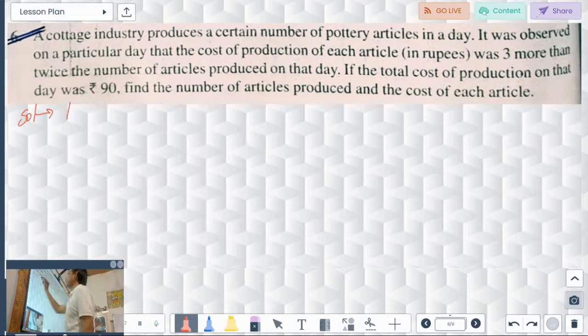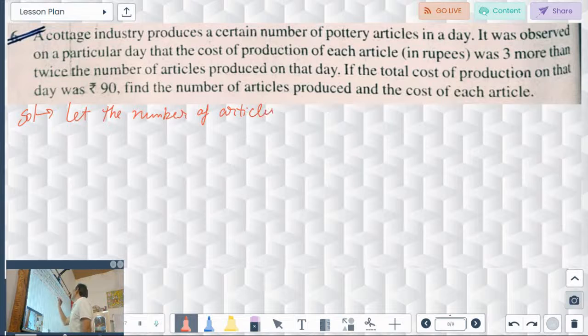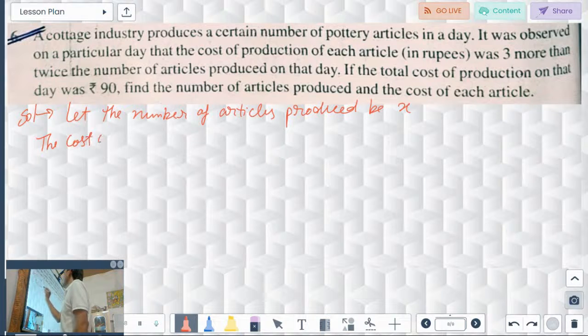Let the number of articles produced be x. Okay, now the cost of each article.